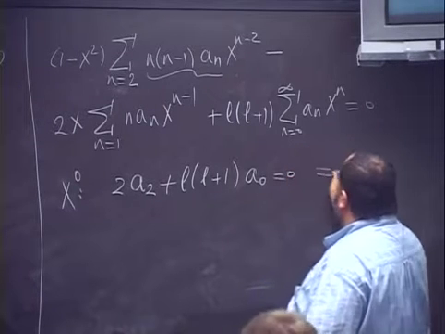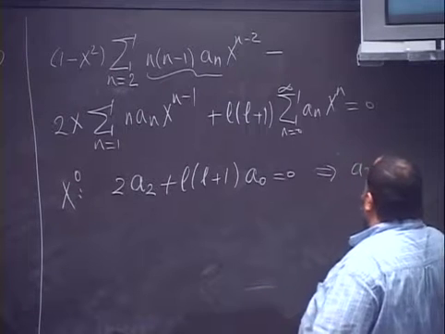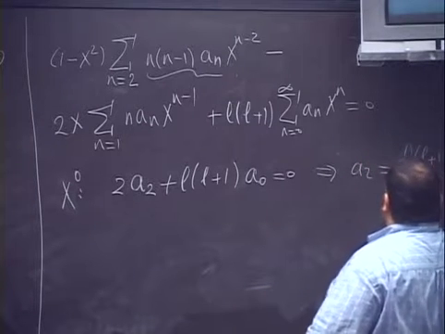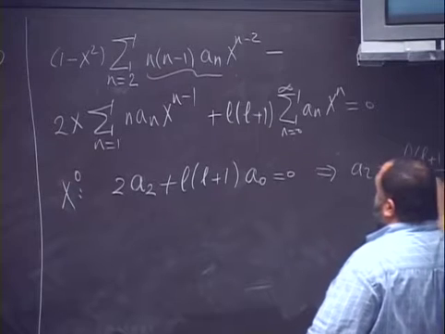And this will give us a_2 equal to l multiplied by (l plus 1) multiplied by a_0 divided by 2.